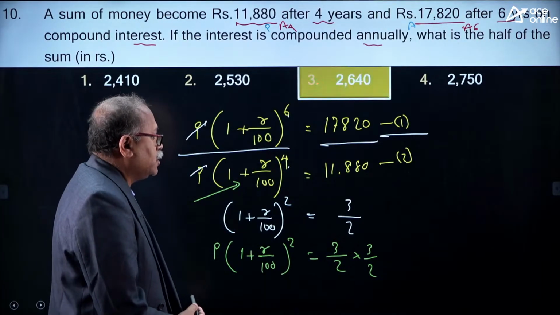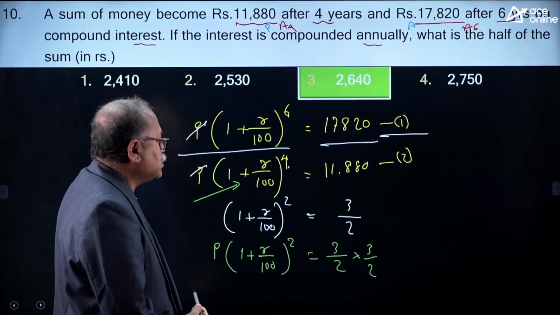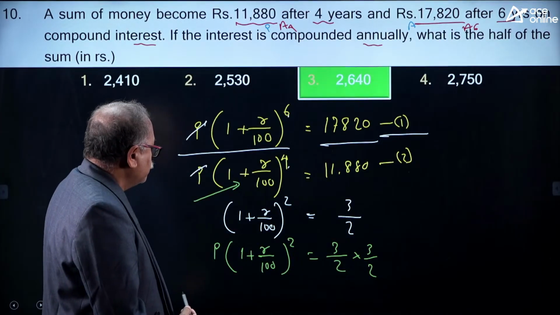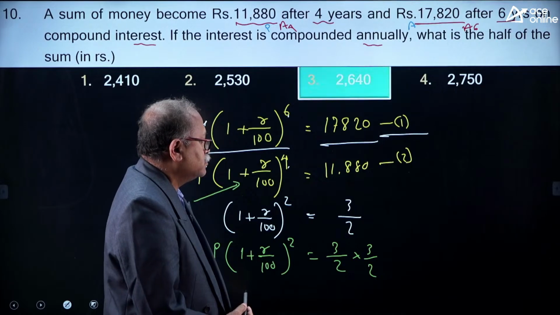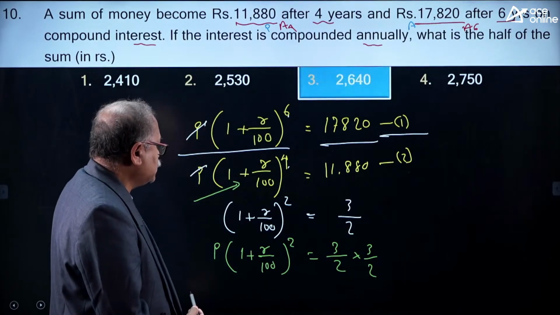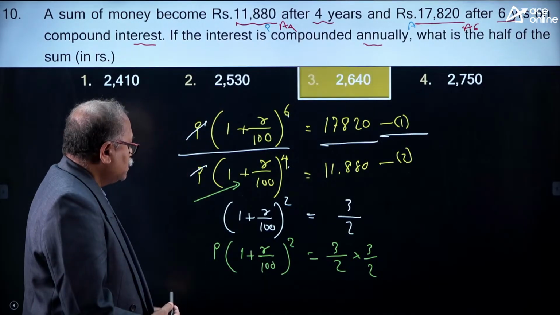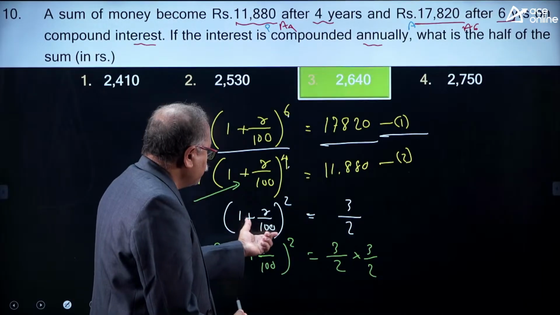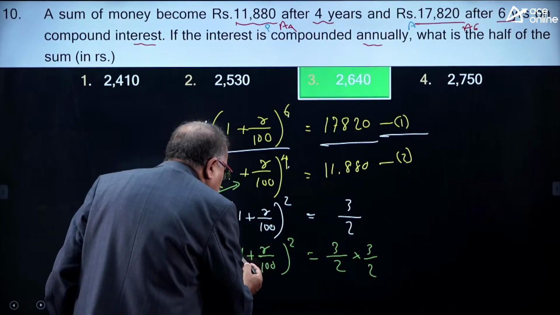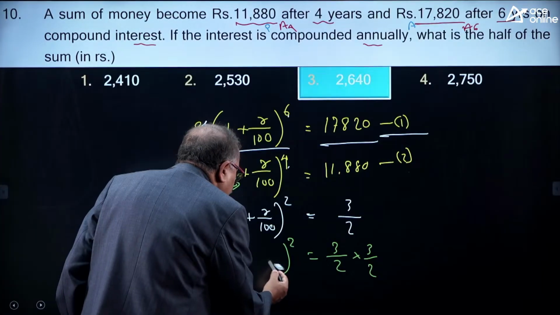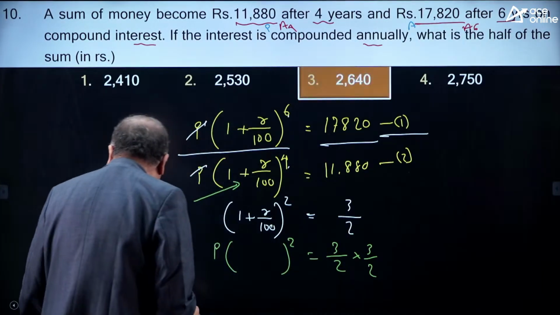So, in this way, can I find out what is P? Which is equal to, I am replacing this one, no? So, P into r by 2 to the whole power 2, which is 3 by 2.